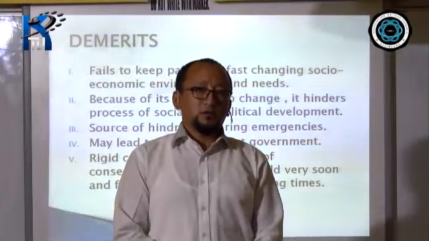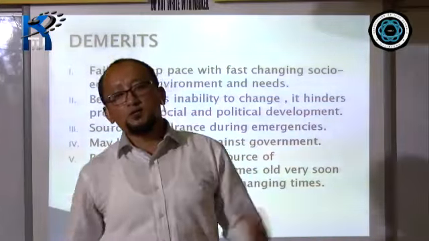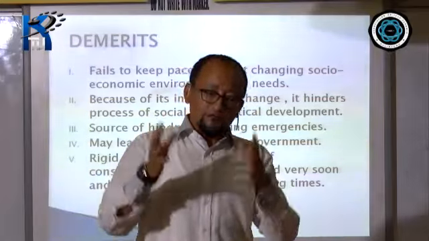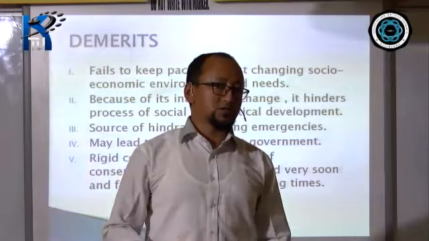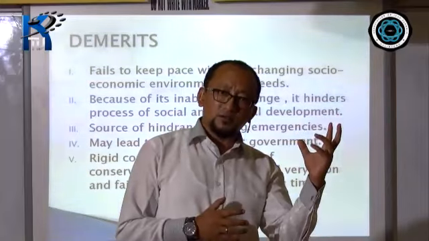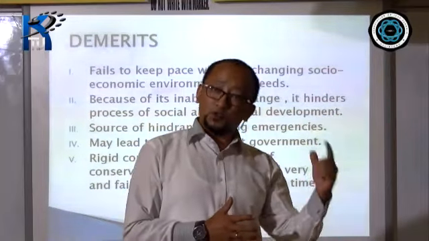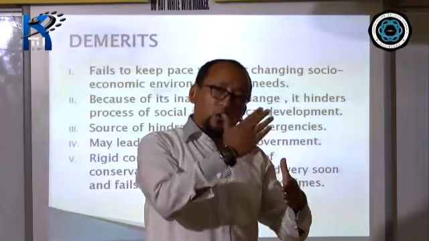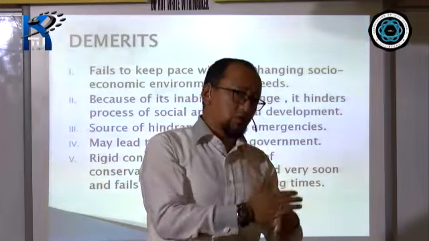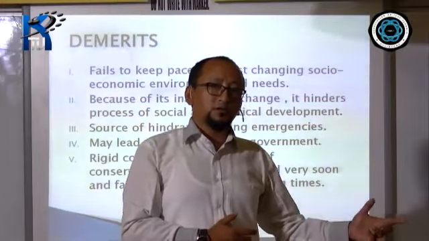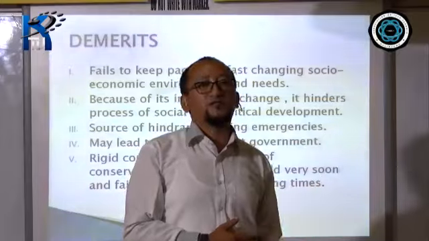It could be problems within the country, an emergent situation. At that point in time, if the rules and regulations are so rigid and do not want to change, it will be very, very difficult to change. So one of the demerits is that it is a big problem whenever there is an emergency situation. It fails to meet the problems of an emergency. So a rigid constitution has this as one of its biggest demerits.